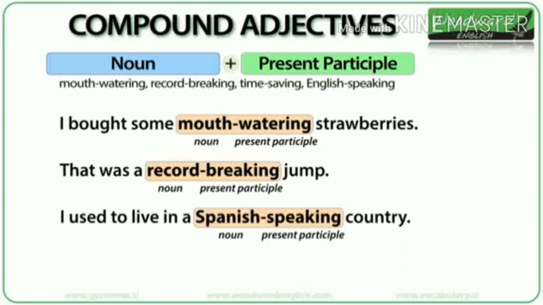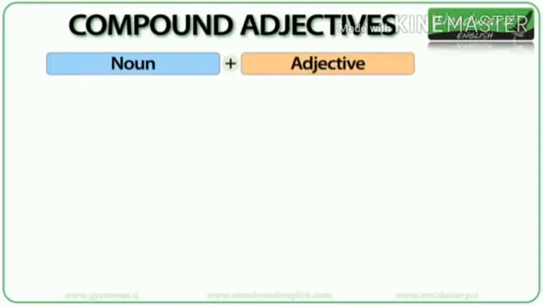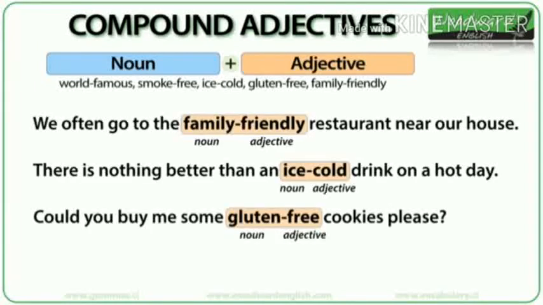So this is so simple, my dear children, and you must make a list of all these using adjective plus present participle like that. Now, noun plus adjective. World-famous, smoke-free, ice-cold, gluten-free, family-friendly, and so on. So, using this noun plus adjective, make some more lists.